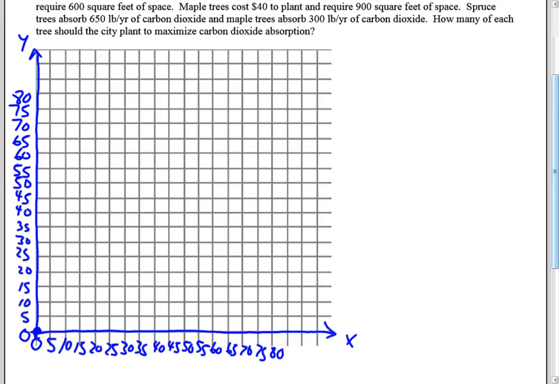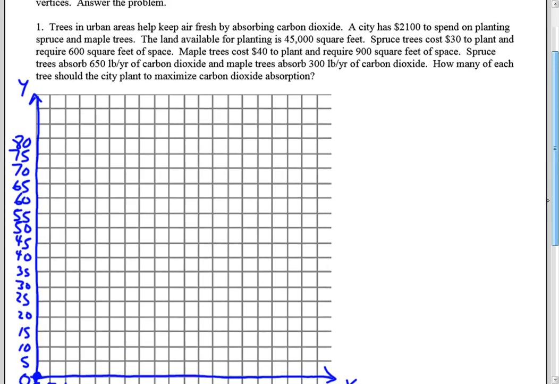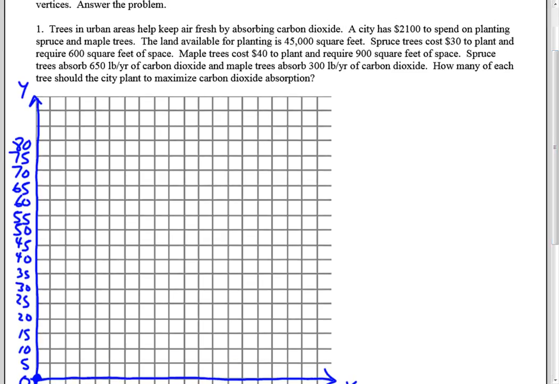Too many times people forget that the origin actually has 2 coordinates. It's 0, 0. So I put a little 0 over here, I put a little 0 here, but it's the same starting point. We're going up to 80 for this scientific scenario. That should be enough.